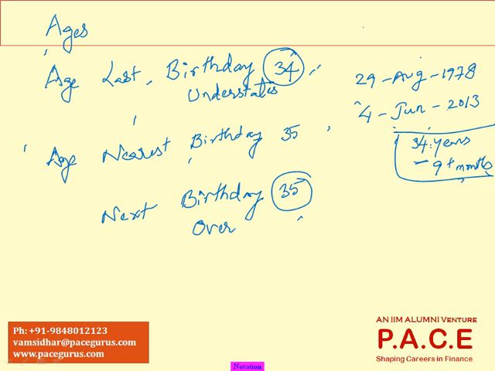I will always be younger than what it is stating, whereas age nearest birthday is averaging. For some people it understates, for some people it overstates.